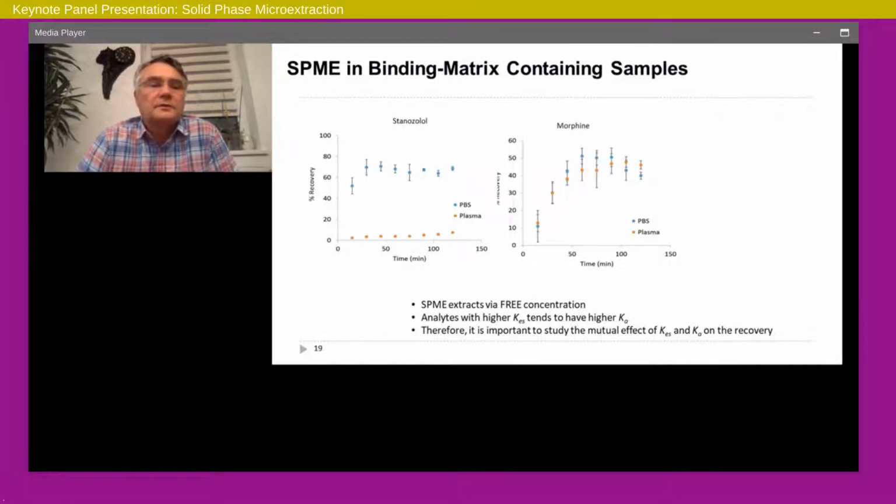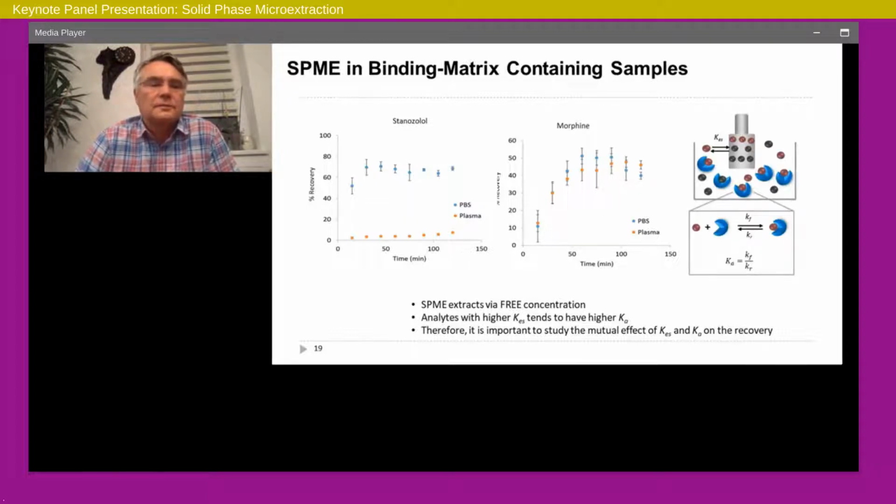Why in hydrophobic can you see a huge difference? When there are no proteins, you extract more because in that case, free equals total. When you have a protein, some binding occurs and therefore the fibers actually see much lower concentrations. So this is, as I mentioned, due to the binding.